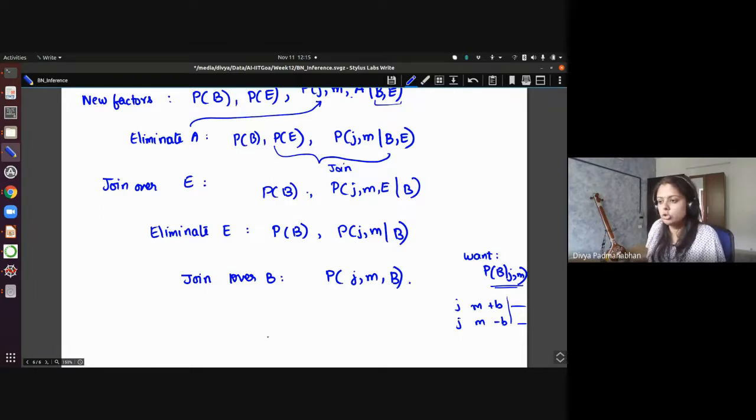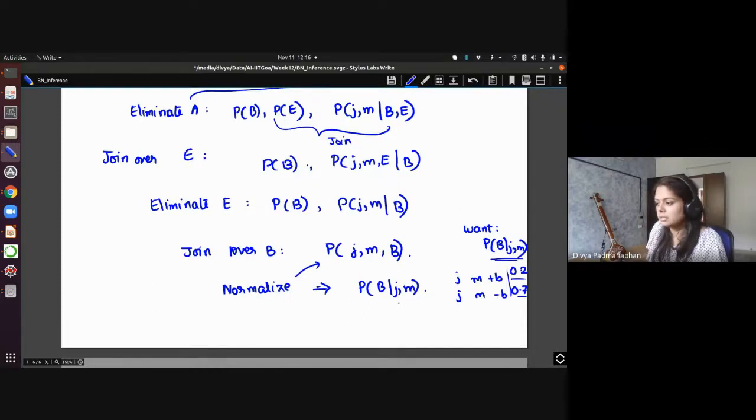And so what you do is a normalize operation. You normalize this table, and that will give you P of B given JM. What it means is you take each entry and divide it by the sum. So maybe 0.2 and 0.7, if that was what you had.